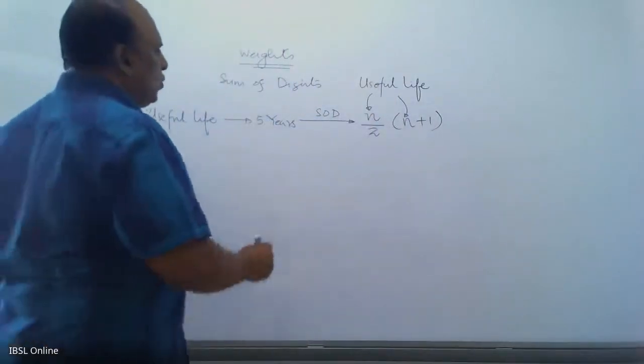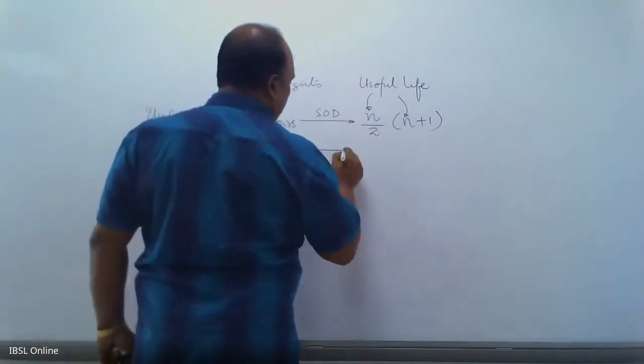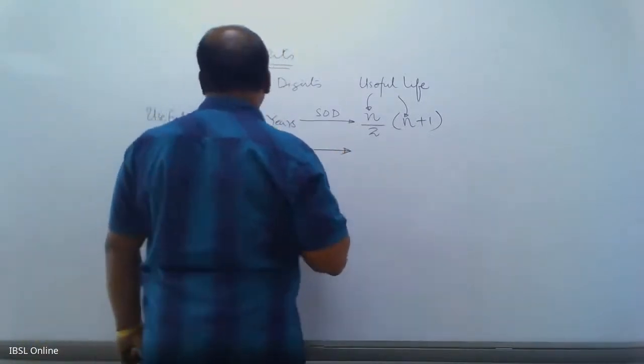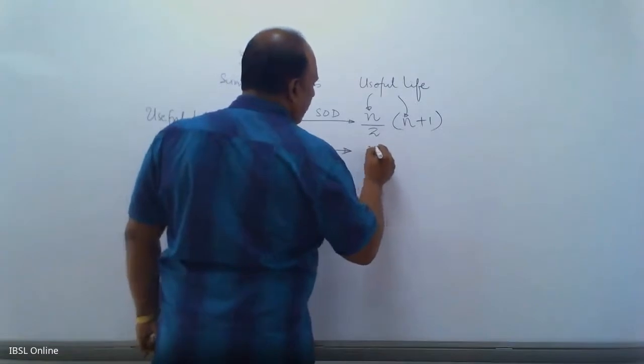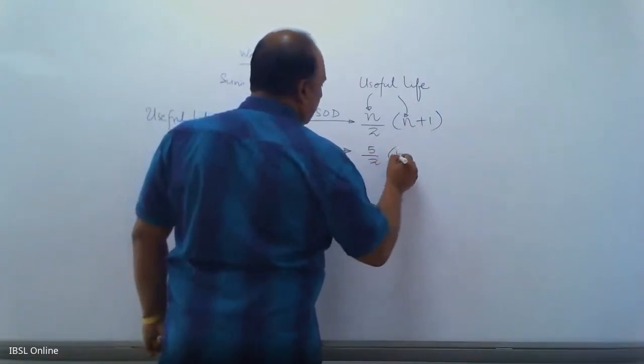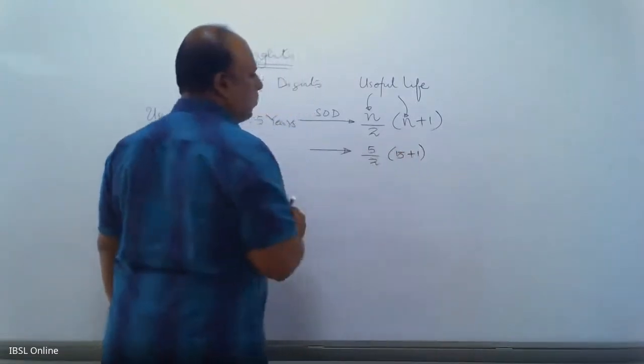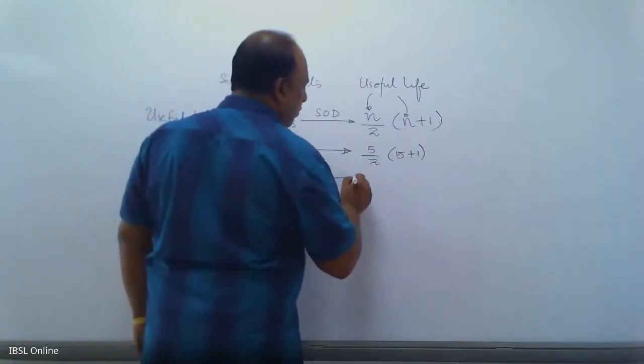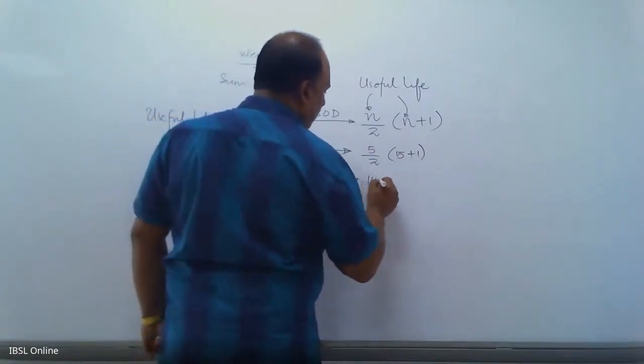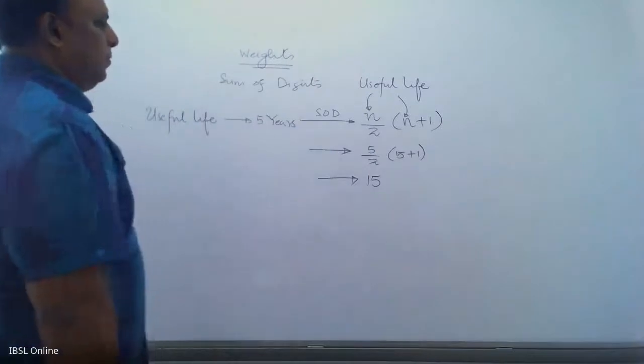So for a 5-year useful life period, 5 upon 2 into 5 plus 1 will give you 15.